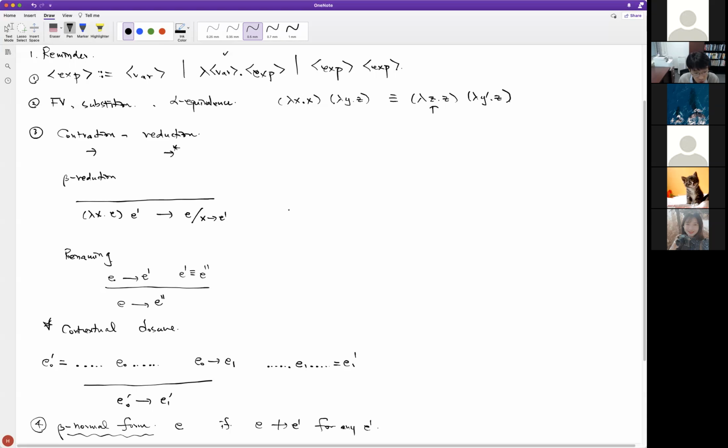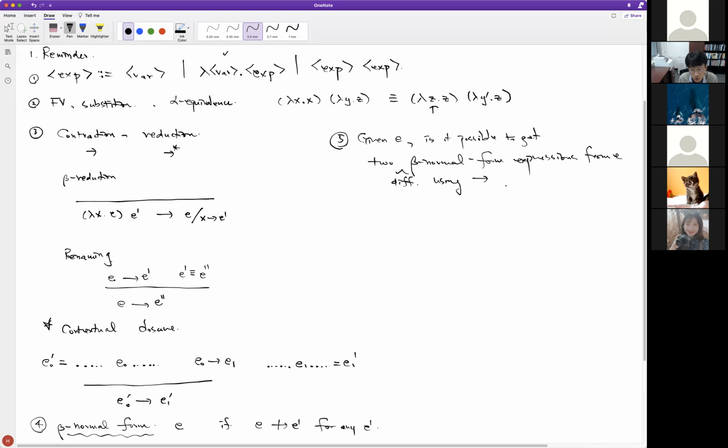Then there is a natural question: given an expression E, is it possible to get two different beta normal form expressions from E using this contraction relation?